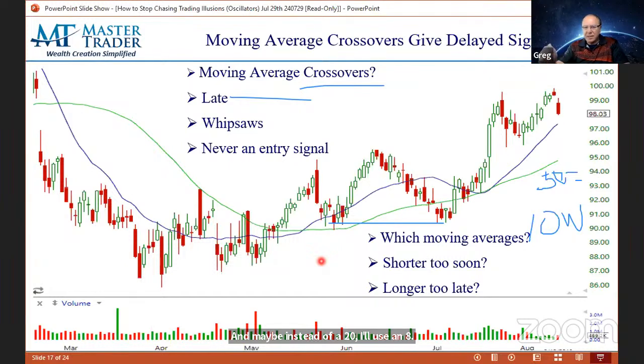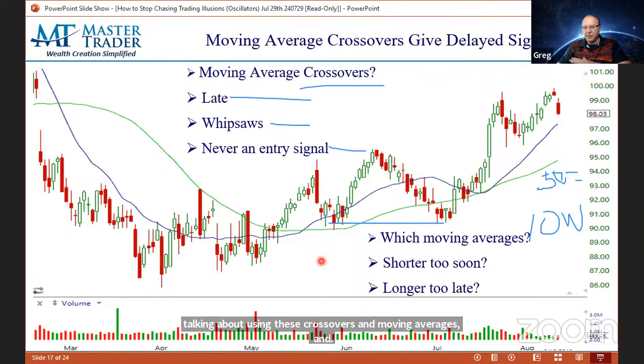And all these different combinations make you crazy. Whipsaws, late signals, different questions, which leads to you thinking there's something wrong with you because everybody's talking about using these crossovers and moving averages.